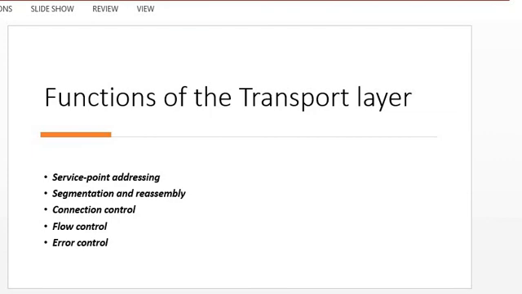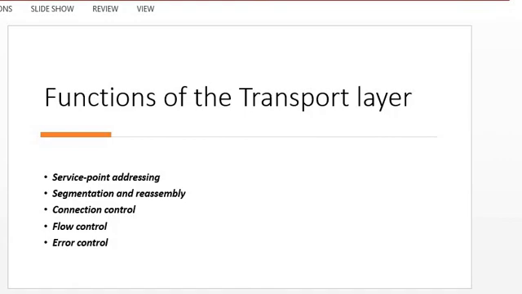Then we have the other function of connection control. The transport layer in a network model can either be connectionless or connection-oriented.